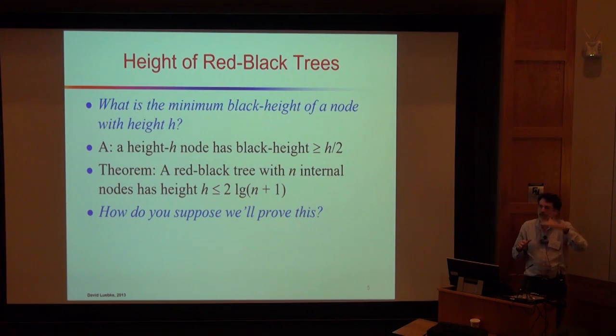That can increase the height of the tree, but never by more than a factor of 2, because there are never 2 red nodes in a row. So the height of the tree is never more than 2 times the length of the black node path. And the length of the black node path, well, the black nodes themselves form a complete binary tree, so that's just log base 2 of n.